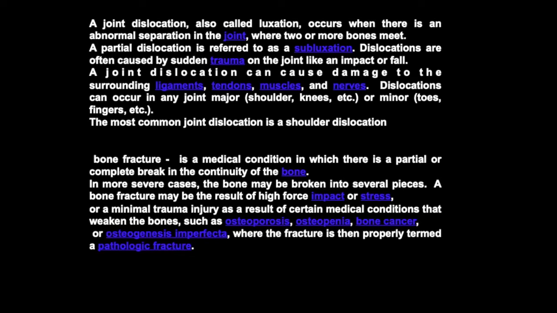Dislocation can cause damage to the surrounding ligaments, tendons, muscles, nerves, and first of all to the joint capsule. Dislocation could be in all types of joints, big and small, and the most common is a shoulder dislocation.